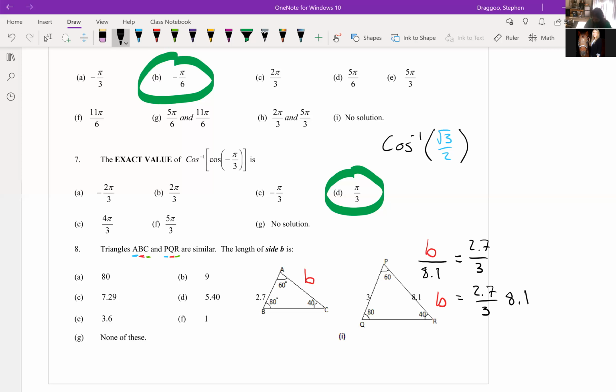So that'll be like 7.29. I suppose I should have written that in. Equals 7.29. Cool.